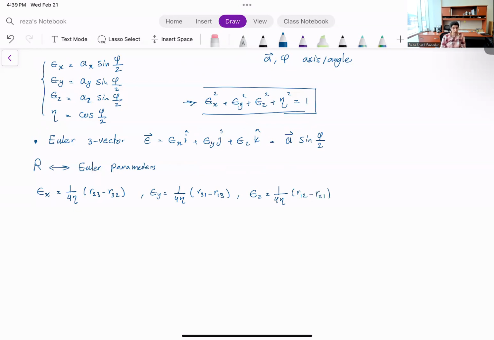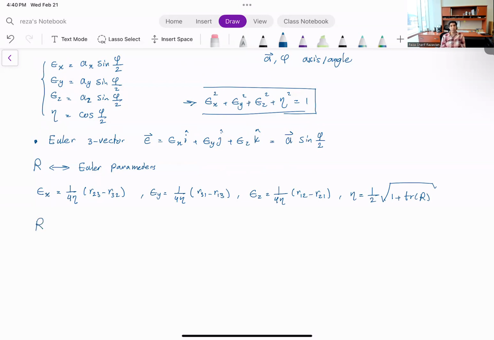And remember, these R's are numbers, R12, R21, R32. These are the elements of the rotation matrix R, big R. And eta is 1/2 square root of 1 plus trace of R, that is the sum over the diagonal elements of the rotation matrix. So if you know your rotation matrix, you can easily calculate the Euler parameters.